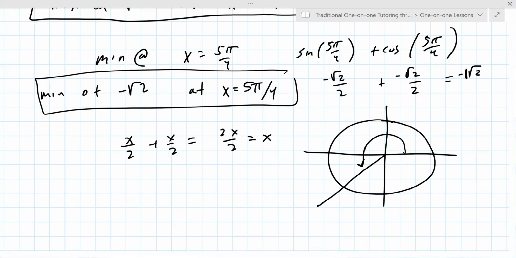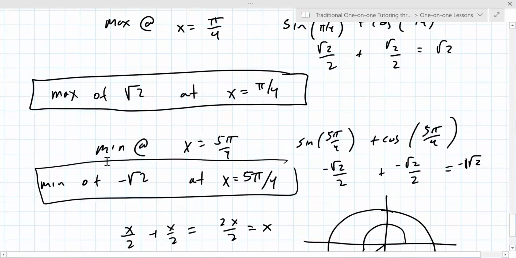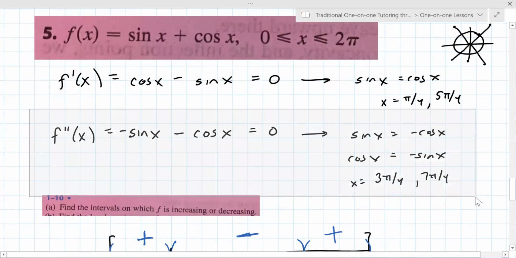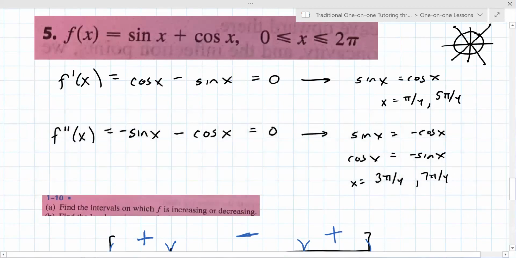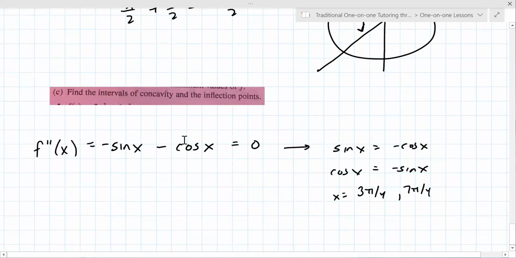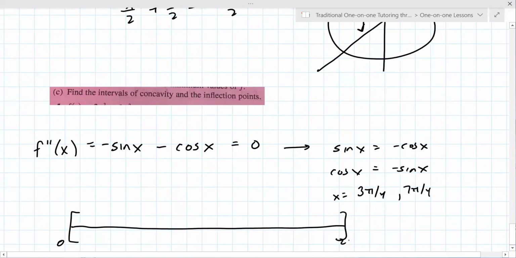Great. Okay. Part C sadly is just as much work as A and B. But at least we have the second derivative. So let's go back and get the second derivative here. Let's get all this stuff right here. Because inflection points refer to the second derivative. Right. So now we build another number line here. We start at 0. We go to 2 pi because we were told in the beginning that that's where it is. 3 pi over 4, 7 pi over 4.